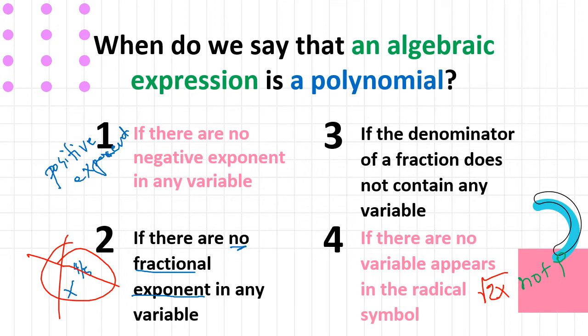Pero kung halimbawang magkakaroon tayo ng square root of 5, although may square root pero 5 naman walang variable, this one is a polynomial equation. Okay po? Kasi pag may variable sa loob, it is not. Kapag wala, it is a polynomial.